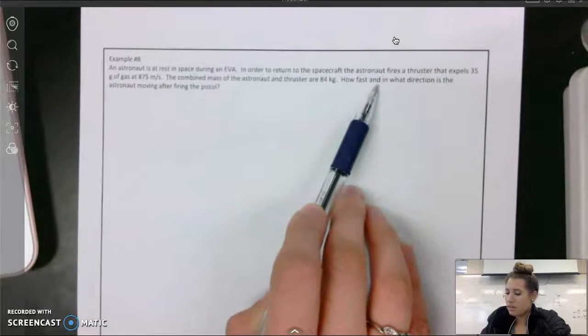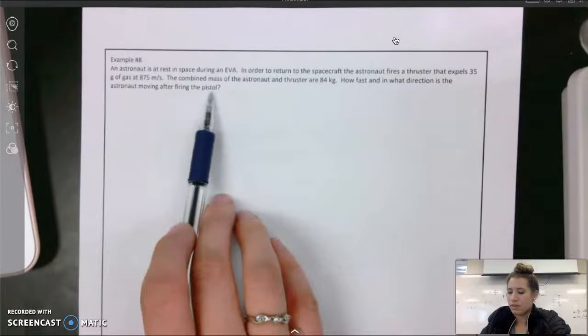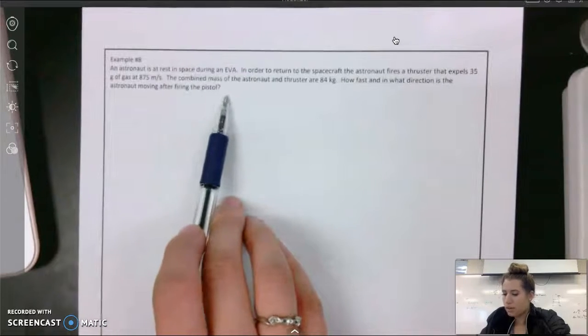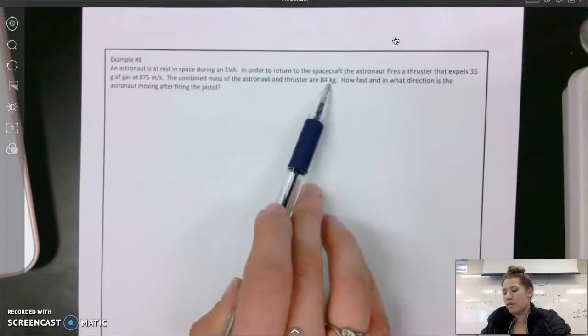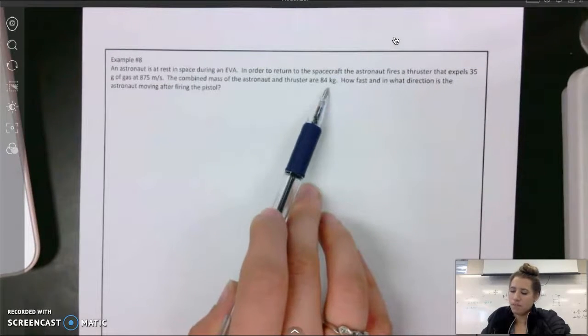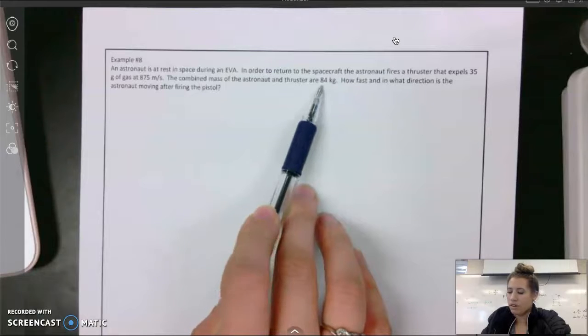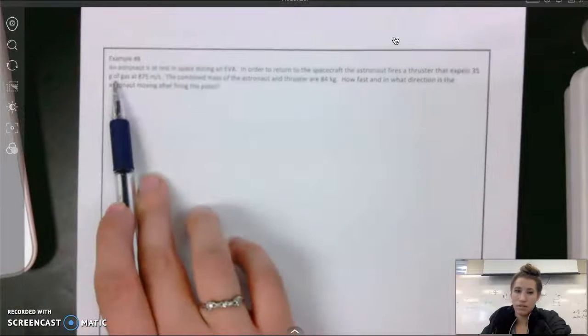How fast and in what direction is the astronaut moving after firing the pistol? Okay, so the combined mass of the astronaut and the thruster is 84 kilograms. And I think that's meaning before it expels the 35 grams of gas.